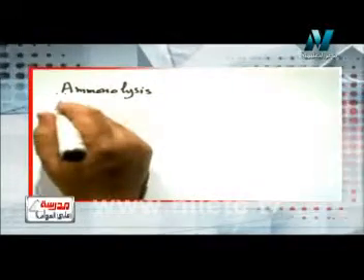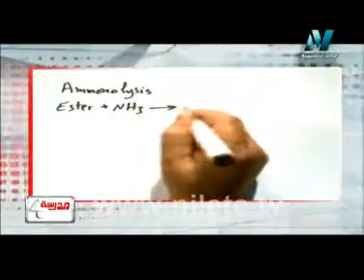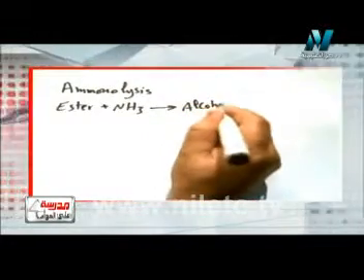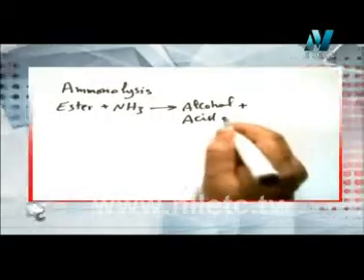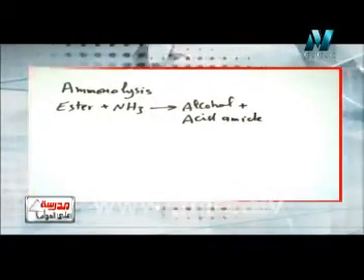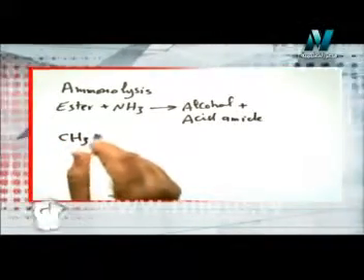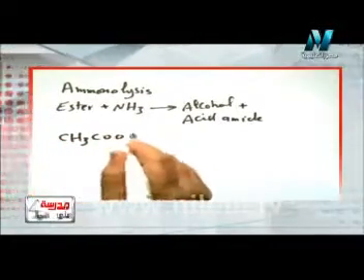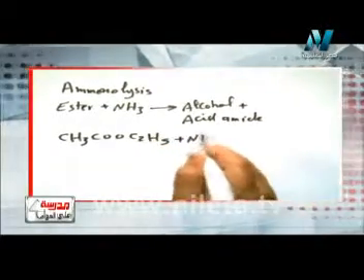Ester plus ammonia, NH3, gives alcohol plus acid amide. This reaction is called ammonolysis. For example, CH3COOC2H5 plus ammonia, NH3.